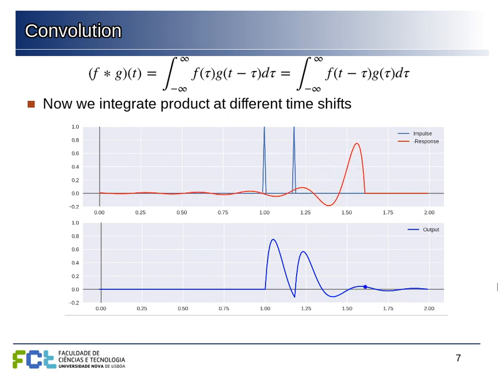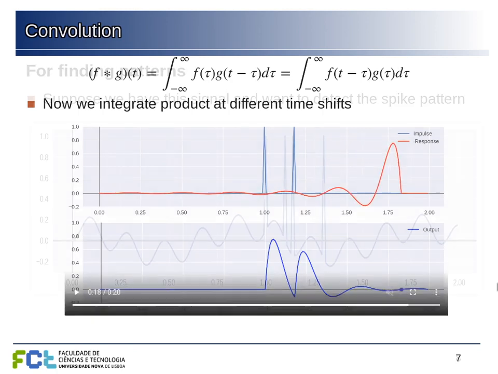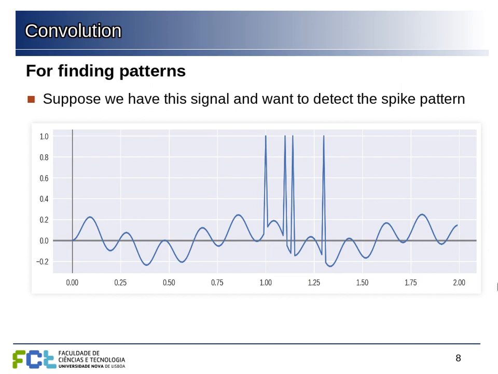But for our purposes, we can turn this around and look at it in a different way. Suppose we have this signal here, and we have some strange pattern that can occur, and we want to detect when that pattern occurs. We can also use convolution for that.